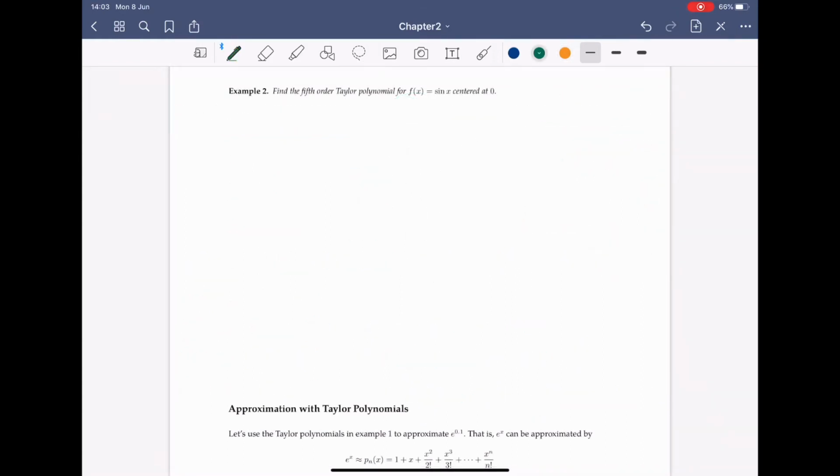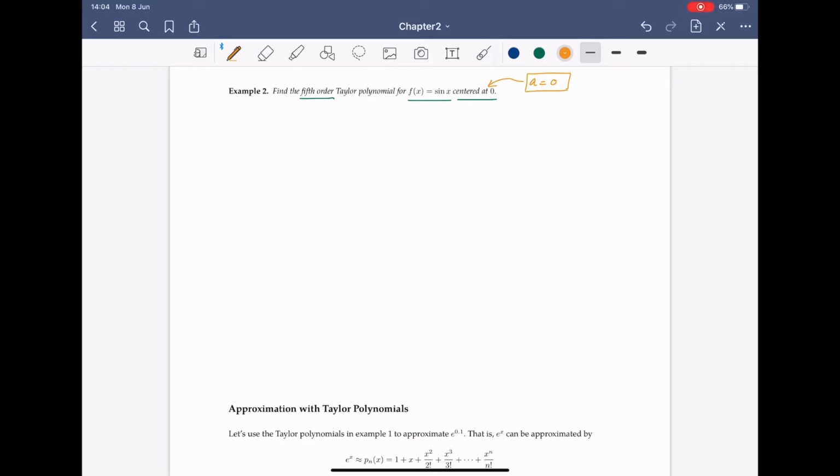Now let's look at example 2. Find the fifth order Taylor polynomial for f(x) equal to sin x centered at 0. Once you read the question, you can see that we have a equal to 0. This thing is our center.